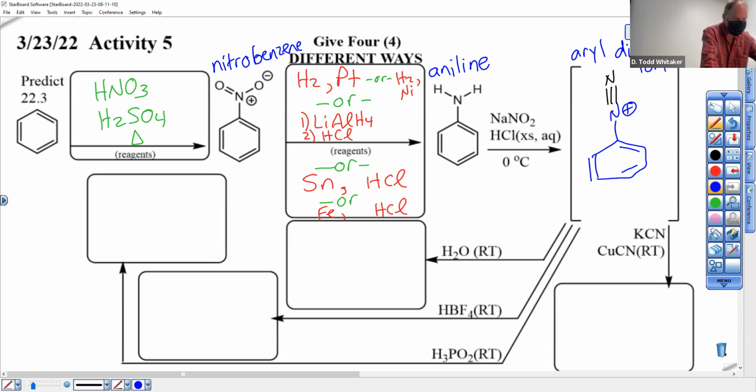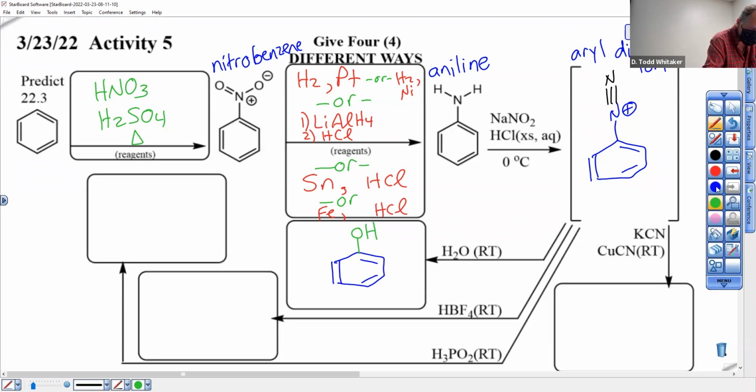They are stable at temperatures below 5 degrees Celsius, so keep them surrounded by an ice bath. Because if you warm them up in the presence of water, which is already here, correct? Isn't this water? Then you get, now this might be what you want, but if it's not, don't warm it up.